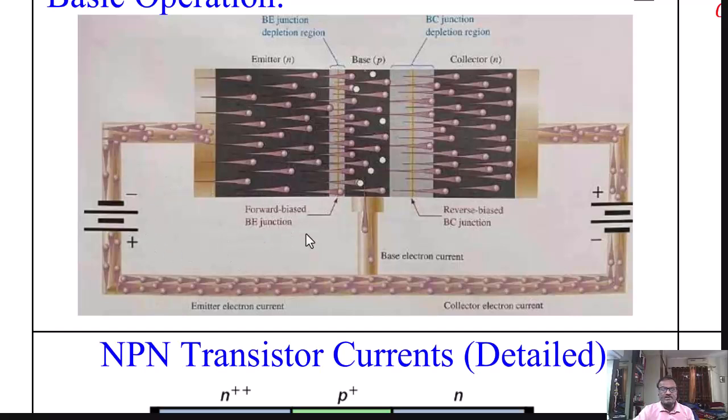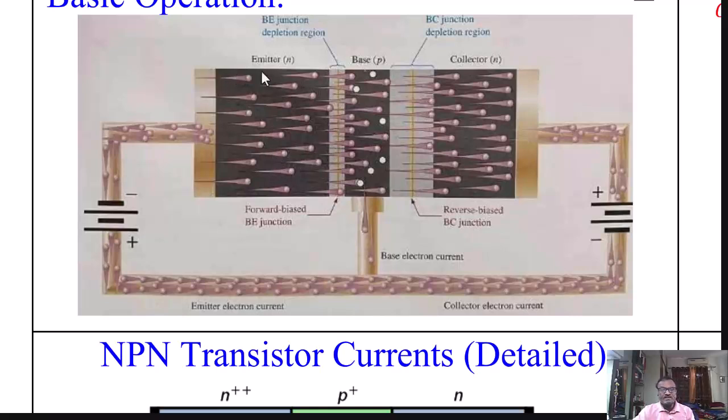So electrons, the majority charge carriers, are injected from emitter to base, whereas holes are forcefully injected from base to emitter.